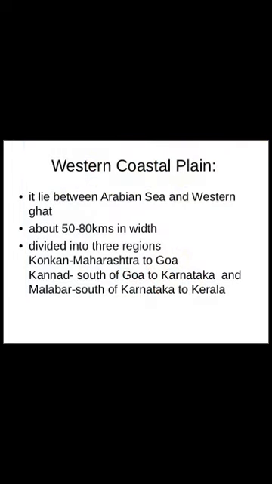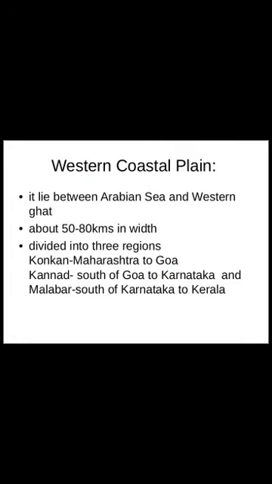Now, an easy way to remember, I'll give you a tip. Which language do the Goa people speak? They speak Konkani. So Maharashtra to Goa, that coastal plain is known as Konkan. What language do the Karnataka people speak? They speak Kannad, right? So from south of Goa to Karnataka, that coastal plain is known as the Kannad coastal plain.